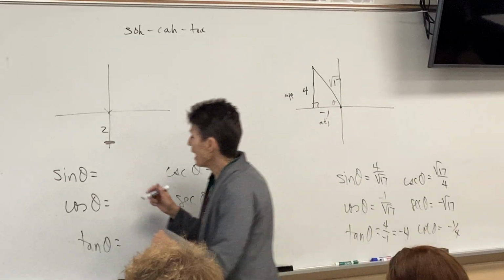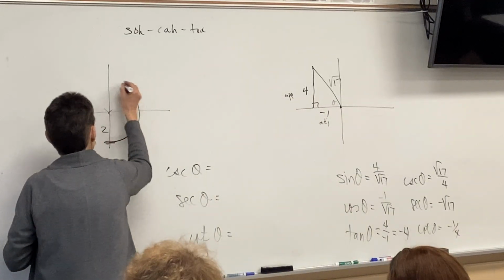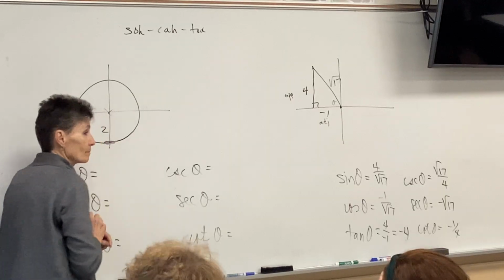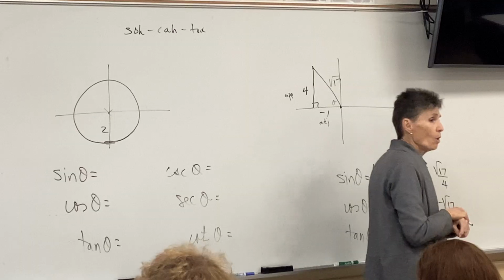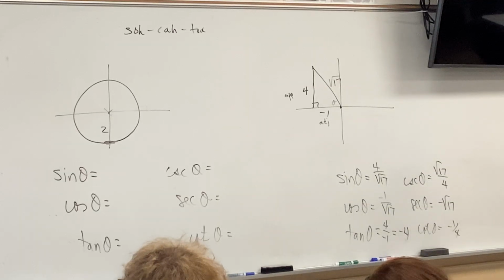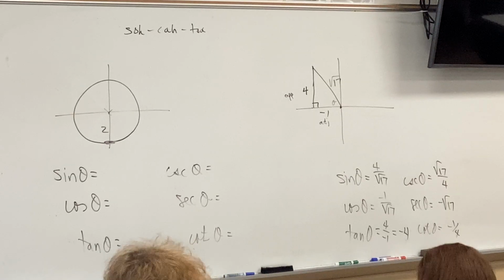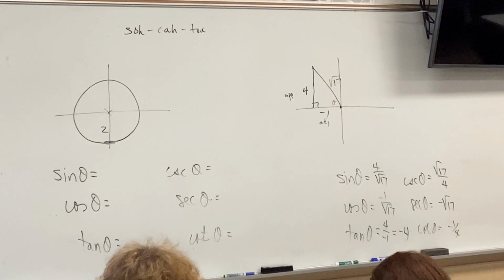Instead, you have to draw a circle. When your point is on an axis, in other words, you're going to have 0, comma, something, or something, comma, 0 every time. Okay? Draw a circle.